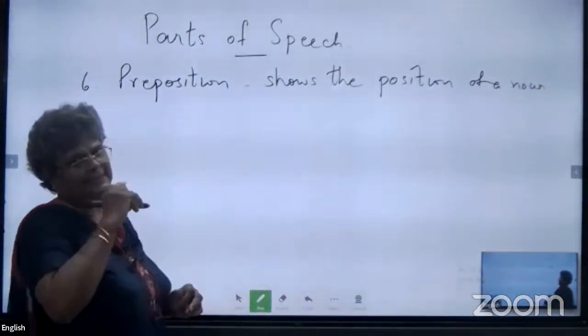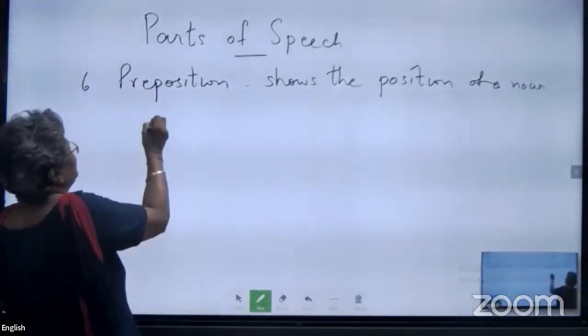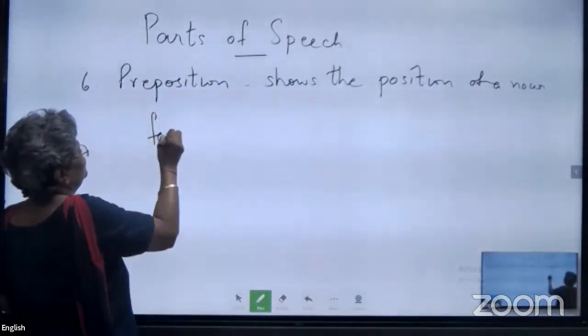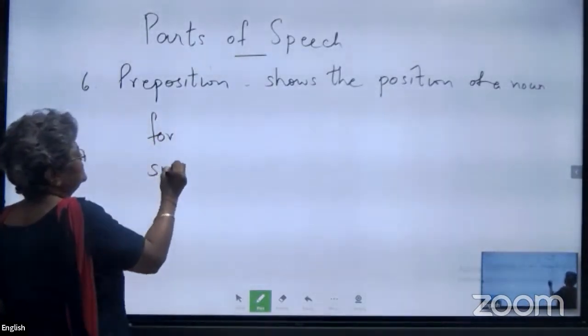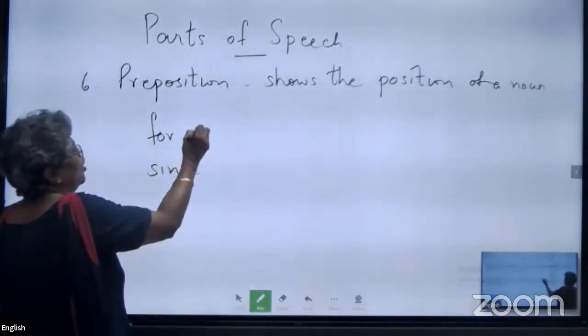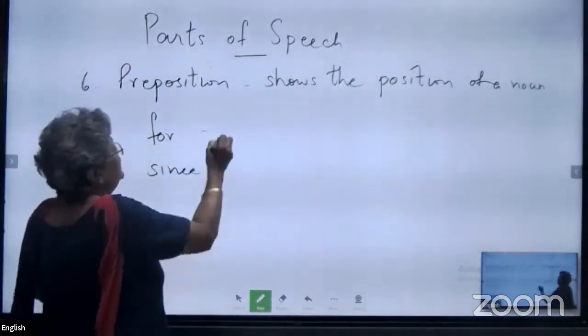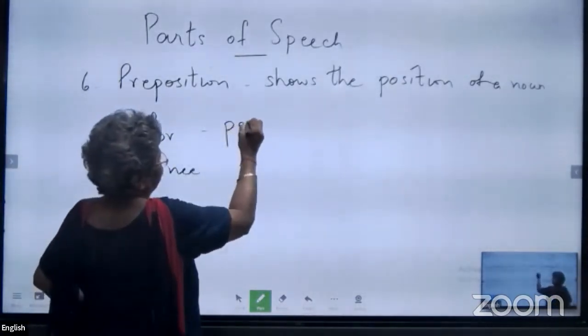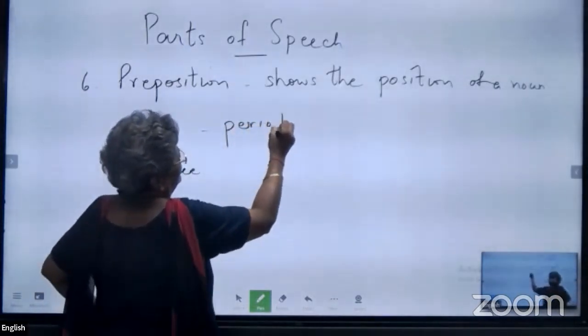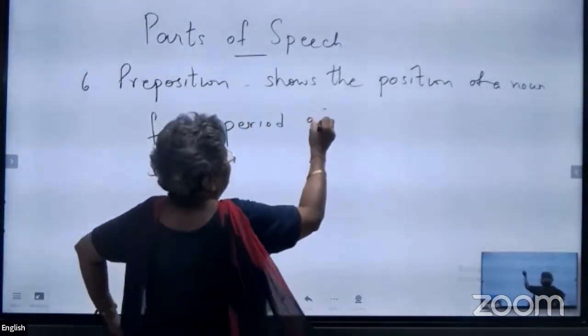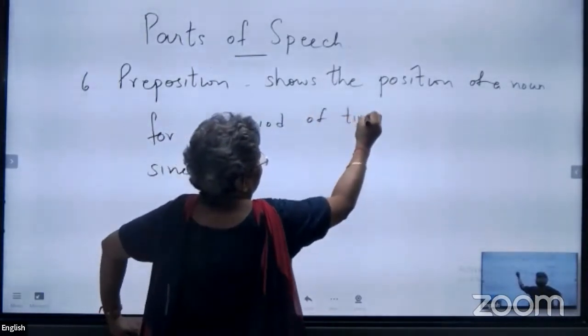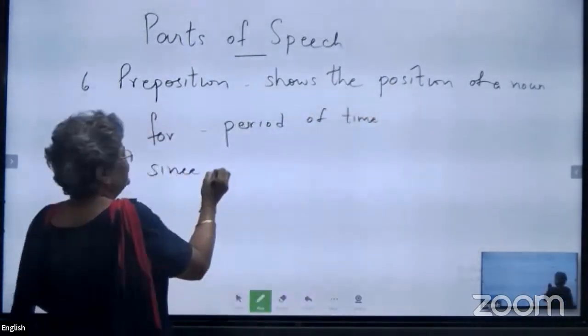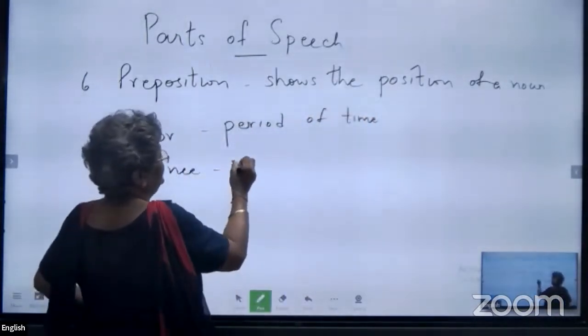Like take, for example, many children get confused when to use for and when to use since. For is known as period of time. While since is known as point of time.